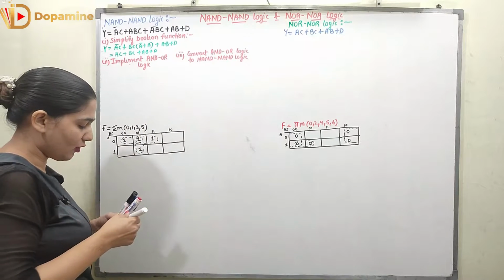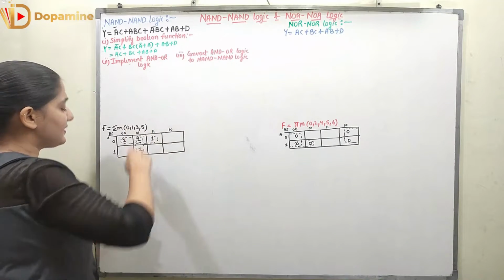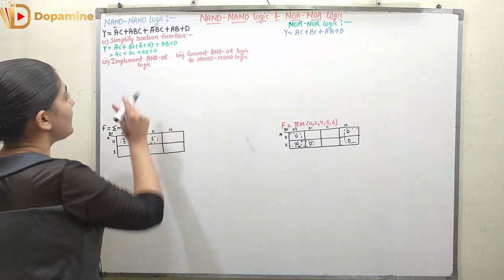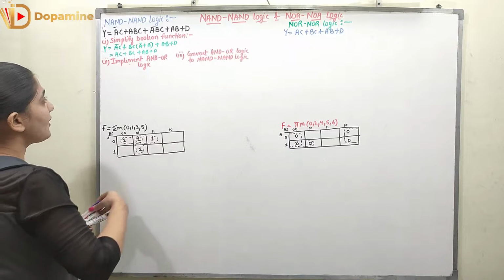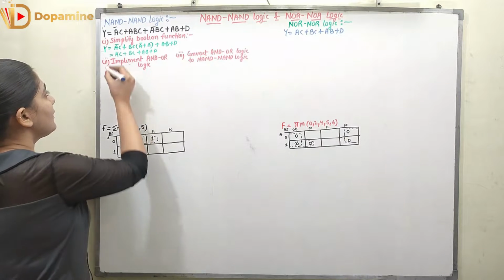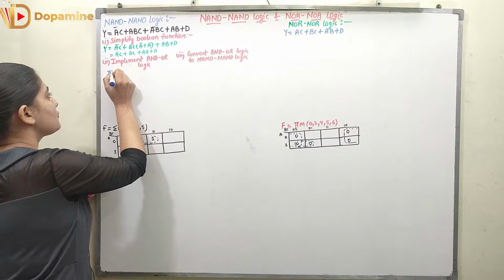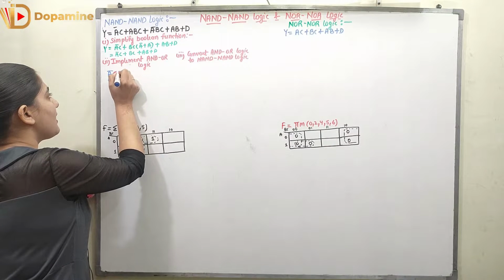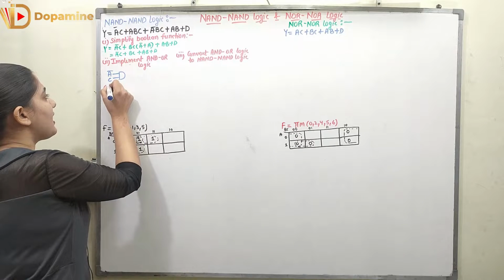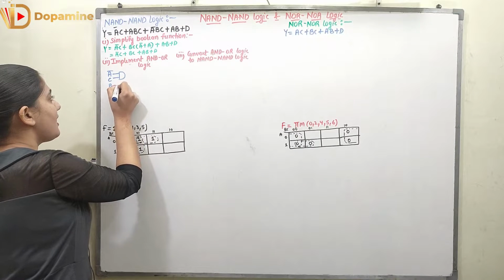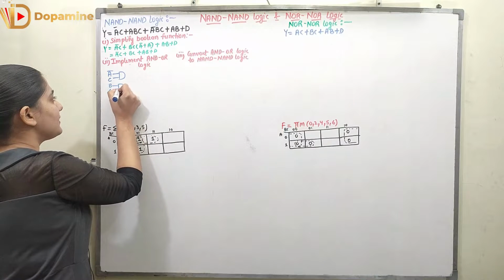First of all I have to implement this function y with the help of AND OR logic. So a bar is multiplied with c, so I take a bar and c, and I have the AND gate. Then we have b and c, I take the AND gate output.